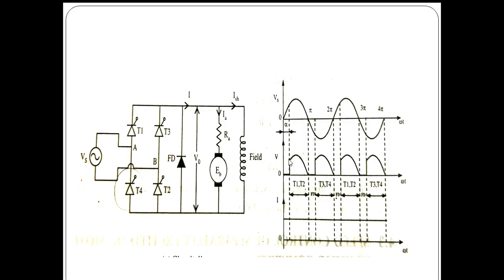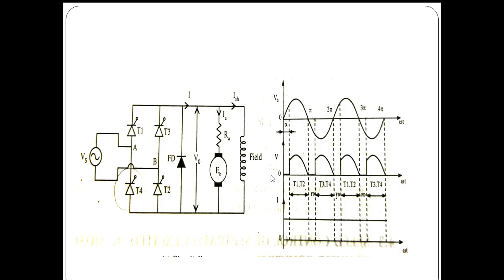The supply voltage will appear across the motor armature and field circuit. Across the DC shunt motor, this much output voltage will be applied. And in the negative half cycle, from the instant pi plus alpha, similarly due to conduction of T3 and T4, the voltage waveform will appear across the shunt motor.